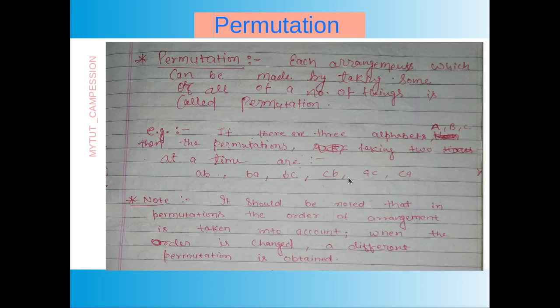Similarly, BC and CB create different arrangements, and AC and CA create different arrangements. If C is kept at first place, then A at second place gives another arrangement.